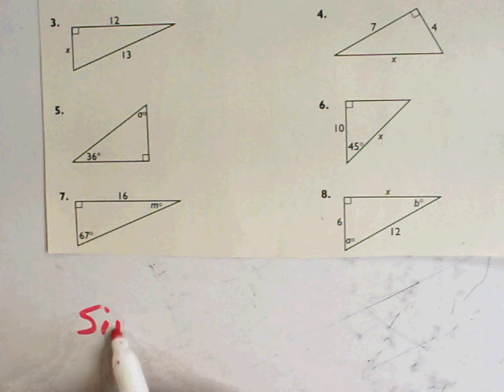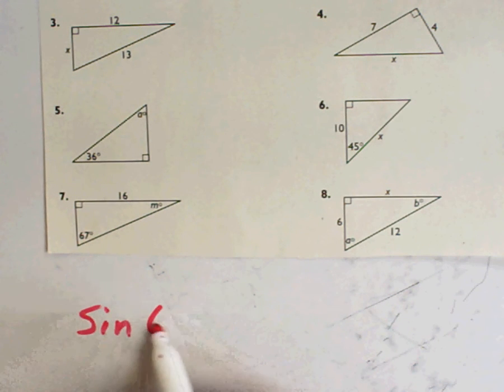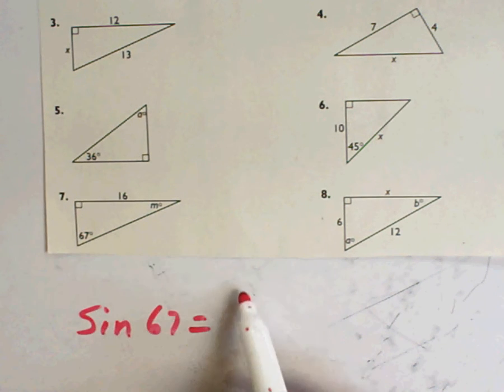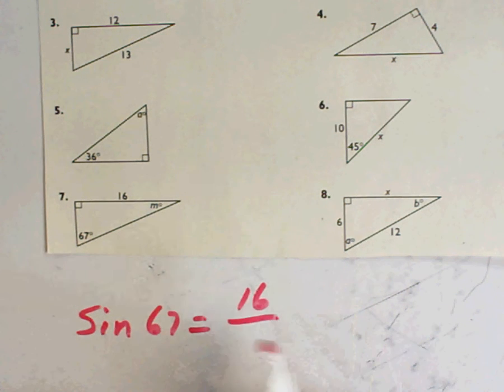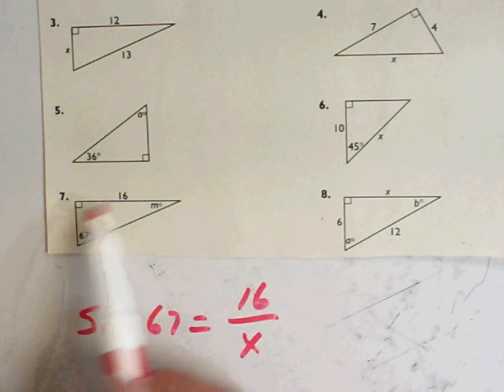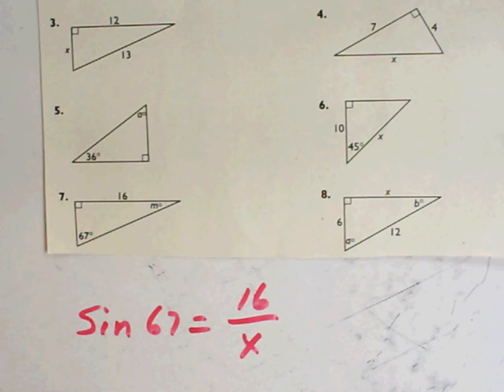So if I do the sine of 67, by definition SOHCAHTOA is opposite over hypotenuse, and that's an x. I could have used cosine, but I'm just going to use that. Now use a little algebra to solve here.